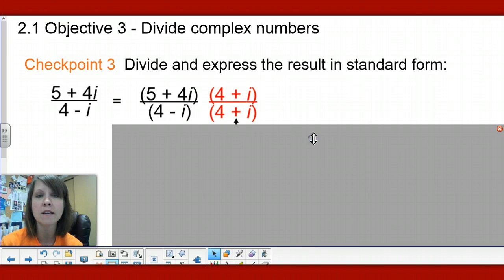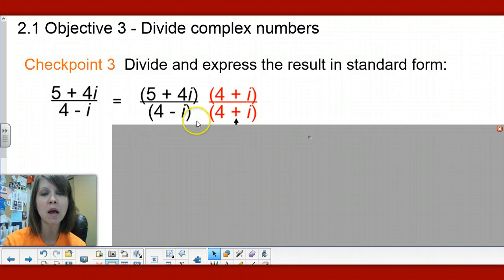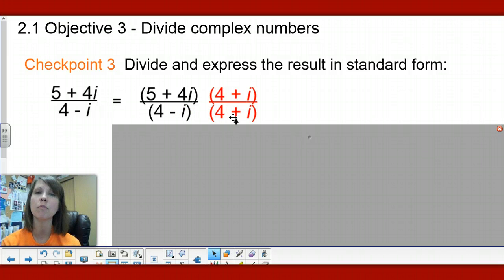The 4 plus i. Notice that it came from the denominator. We had 4 minus i, and we're multiplying the denominator by 4 plus i. That's going to accomplish a couple things for us that I'm going to show you in a minute. We must also multiply the numerator by the same 4 plus i, and that keeps our value the same.